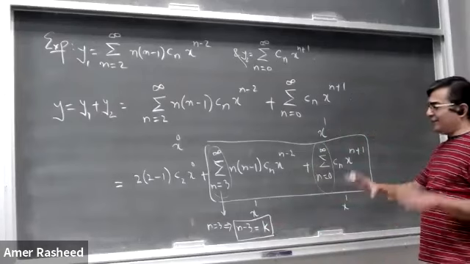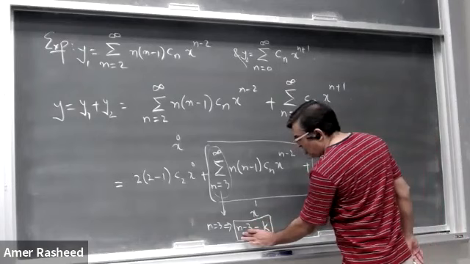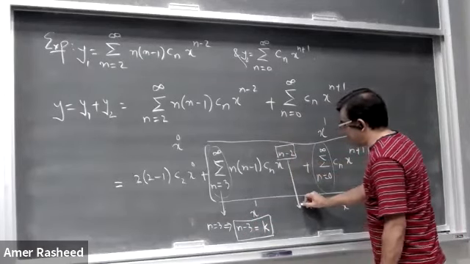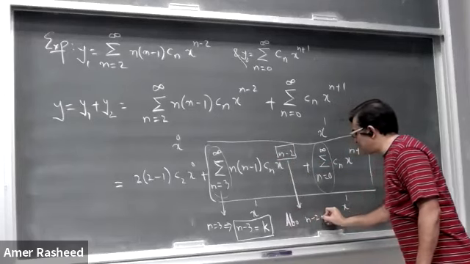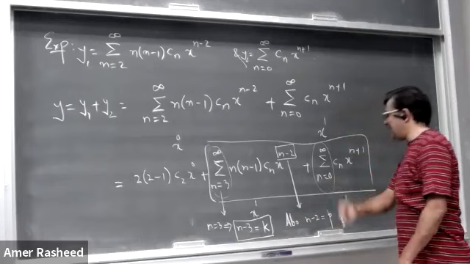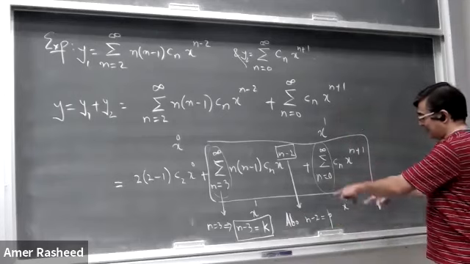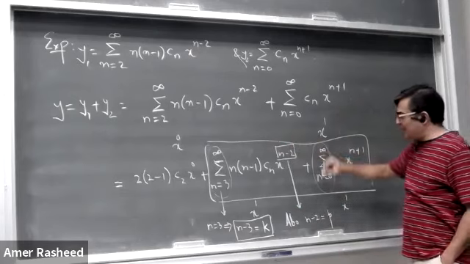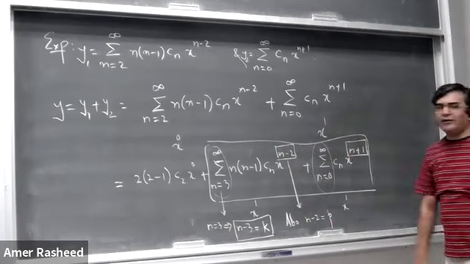There are two methods, in fact. Either you use this thing, or you use this thing to change the notation. You can also put n minus 2 is equal to some other index p. In that case, when you use x power something, you have to change both exponents of x.